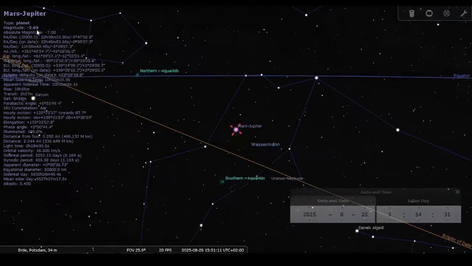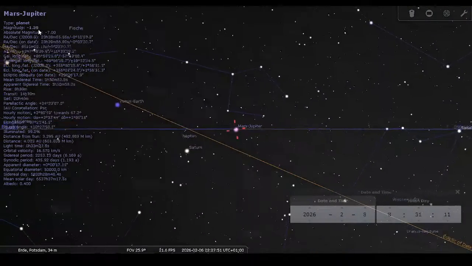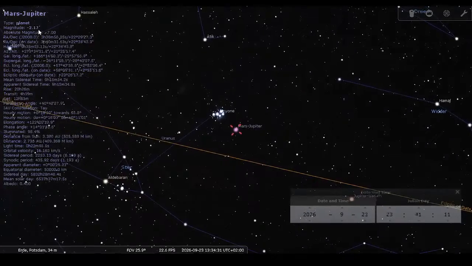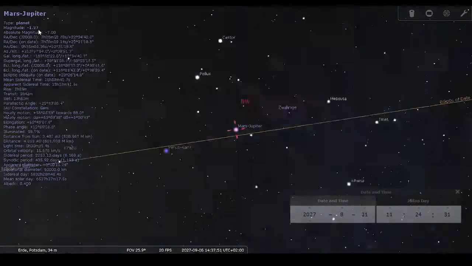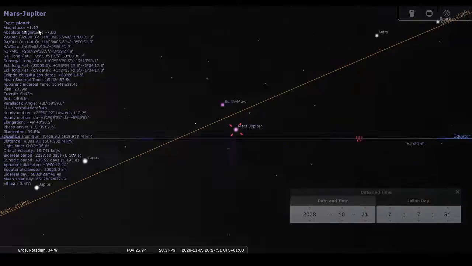Mars-Jupiter is also very bright, negative 2.7 here. Maybe you can see a comparison of the apparent speed of Mars-Jupiter compared to Jupiter. So we can see it's a planet in between Mars and Jupiter.